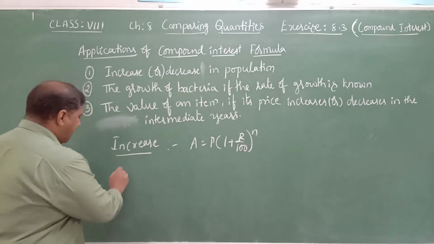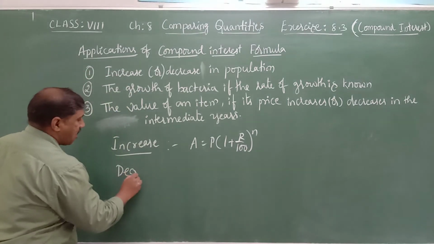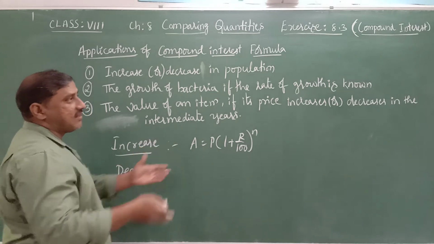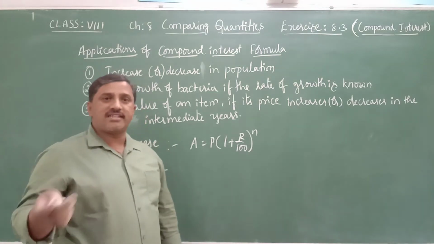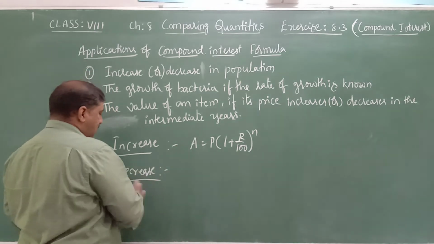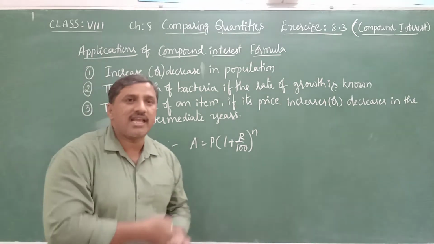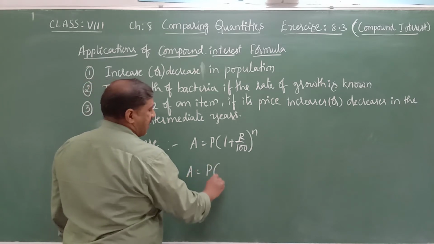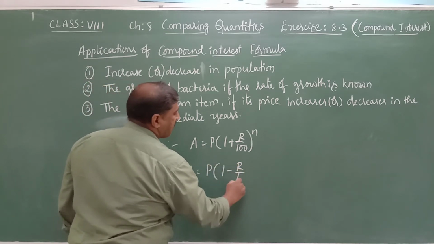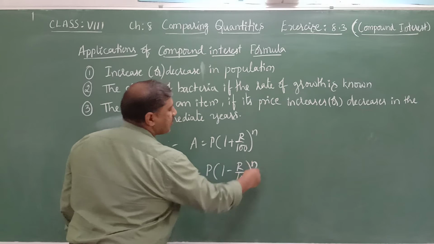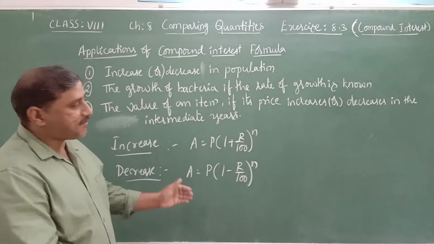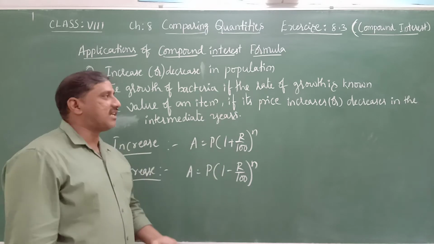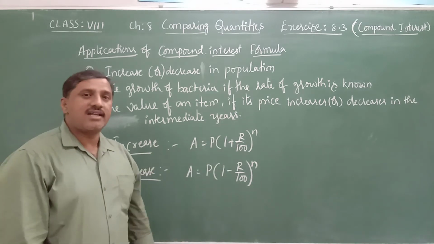If there is a decrease in the population, or a decrease in the value of an item or a vehicle, then decrease means we will represent it with the negative sign. Therefore A is equal to P into 1 minus R by 100 whole to the power of n. Then by substituting the given values in these formulas and on simplification, we will find the required things.